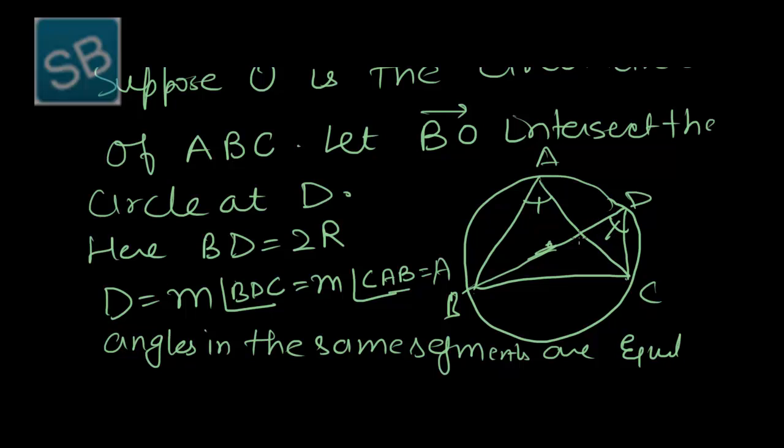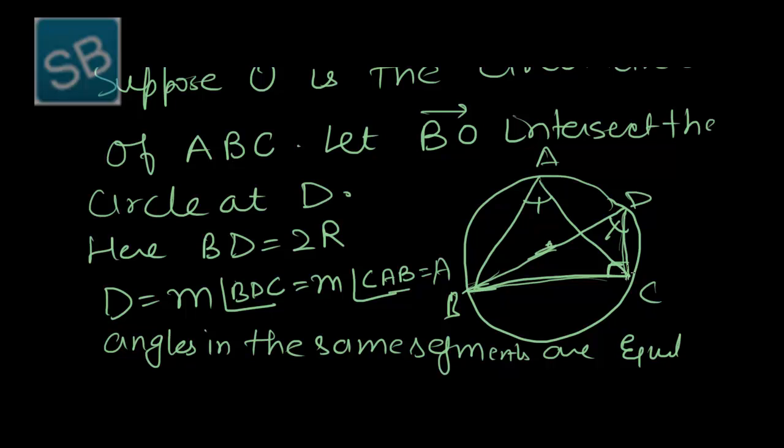So in triangle BCD, the measure of angle BCD is 90 degrees, because it is the angle in a semicircle, that is the angle made by the diameter and the other two sides in the semicircle.